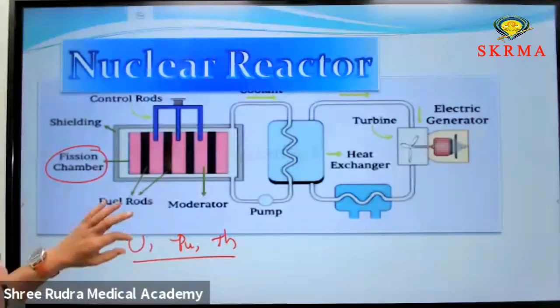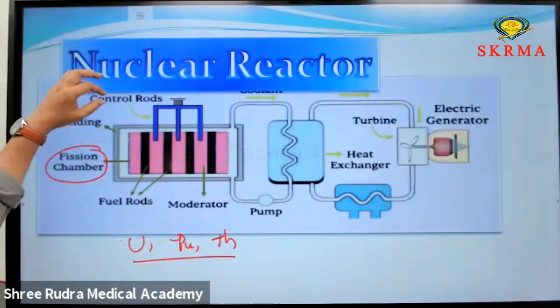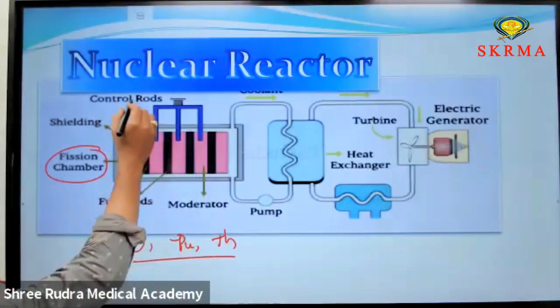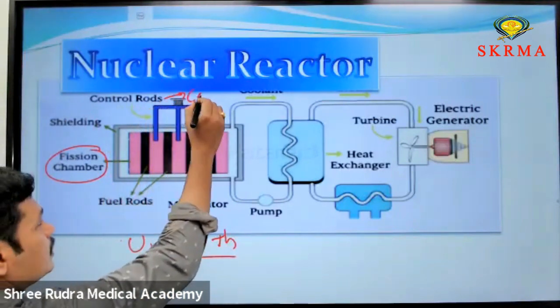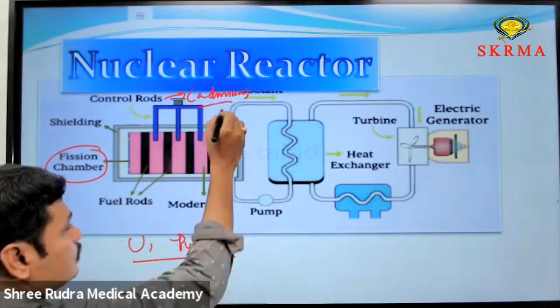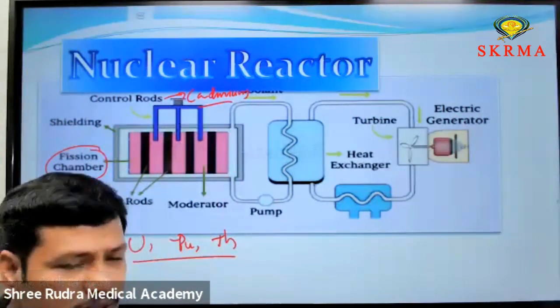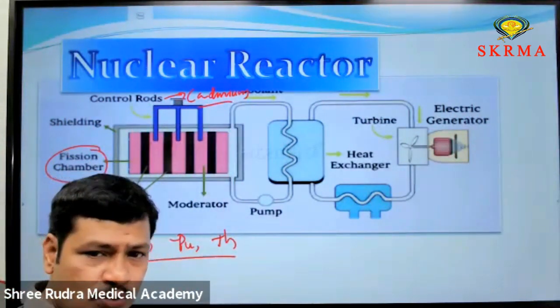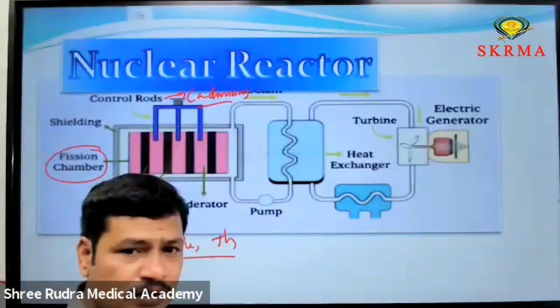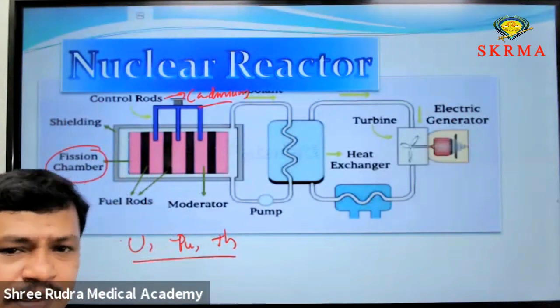Another important component is control rods. Generally the control rods are cadmium rods, which absorb the neutrons and slow down the neutron velocity, that is, the kinetic energy. Whenever velocity decreases, kinetic energy decreases.